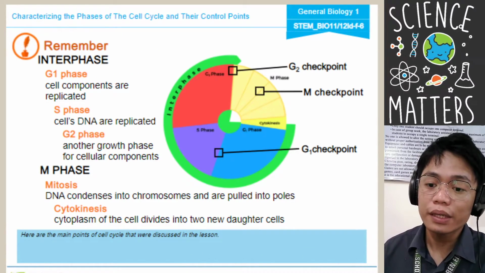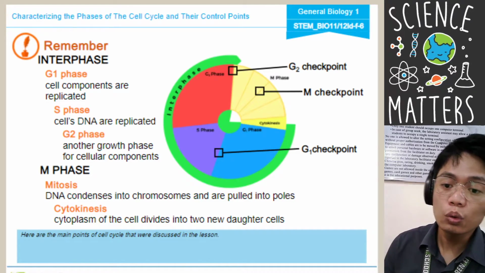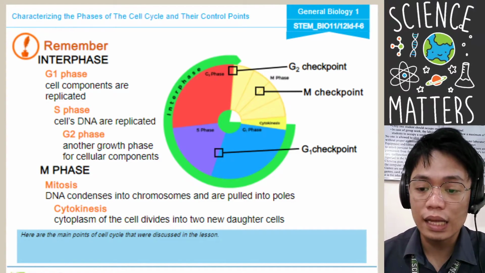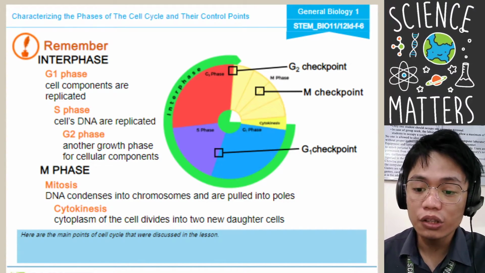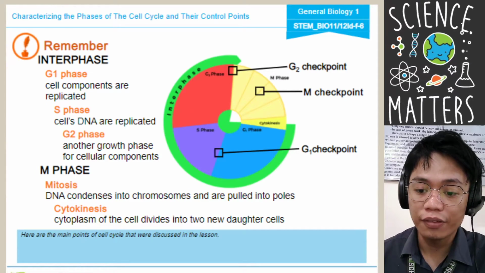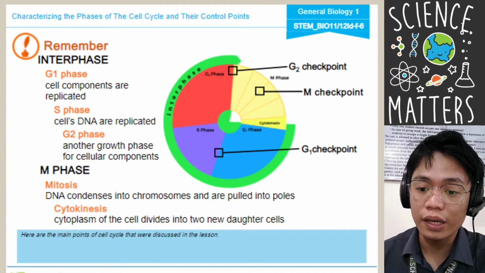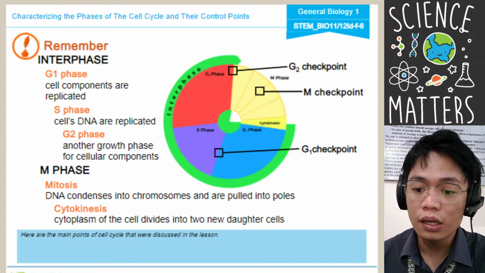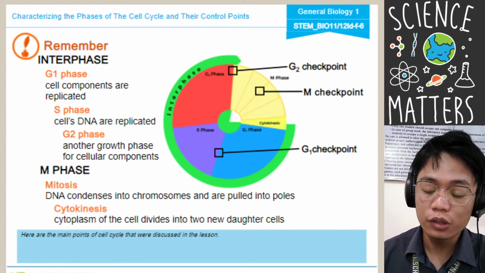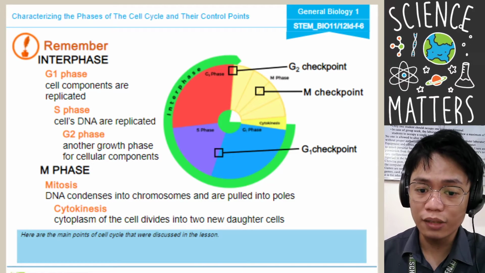So, remember that there are two processes involving the cell cycle. We have the interphase and the M phase. There are three processes involved in the interphase. We have the G1, S, and G2. In M phase or mitotic phase, we also have two processes involved.